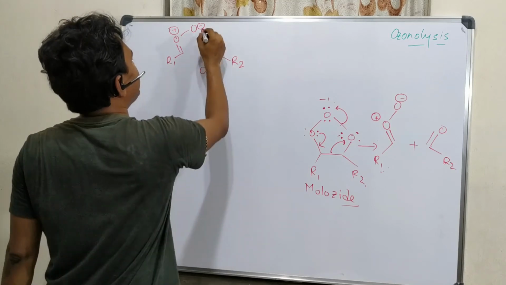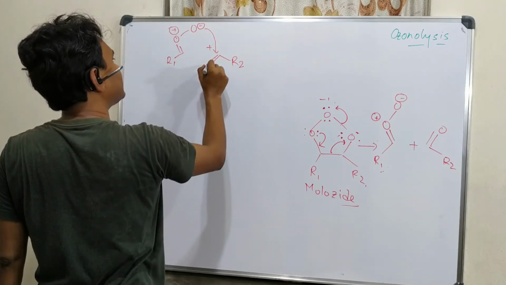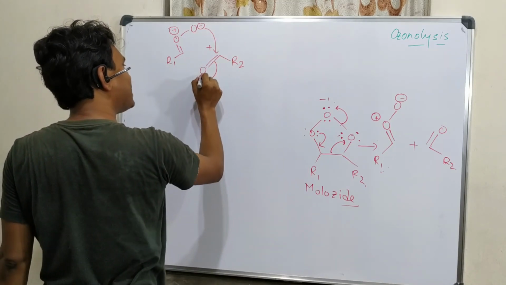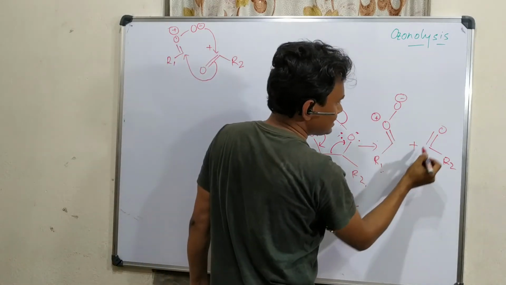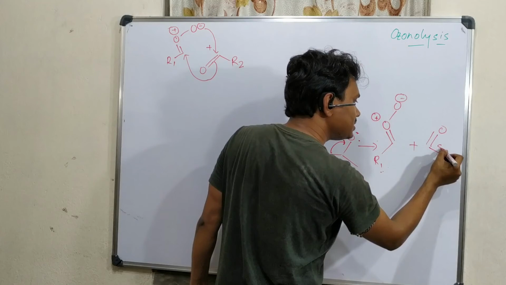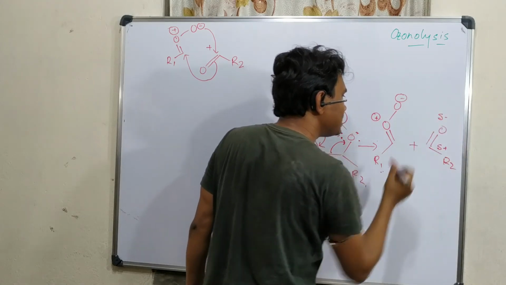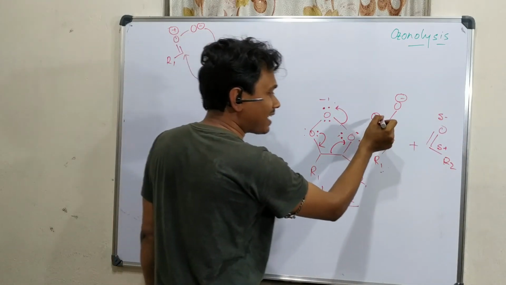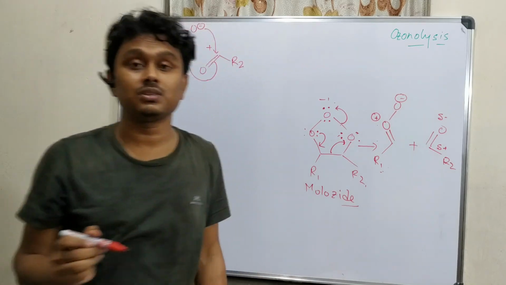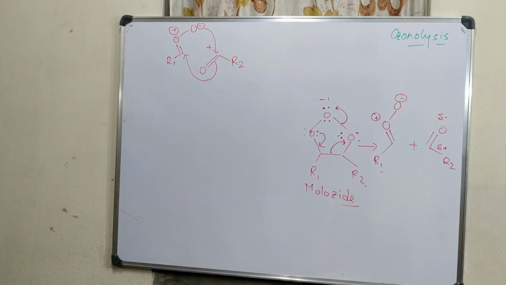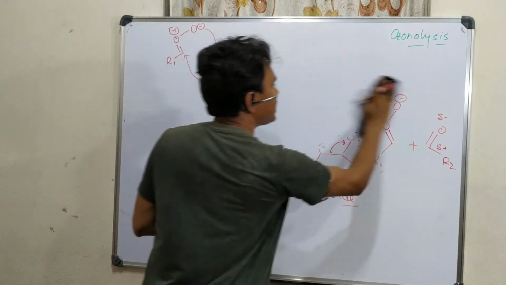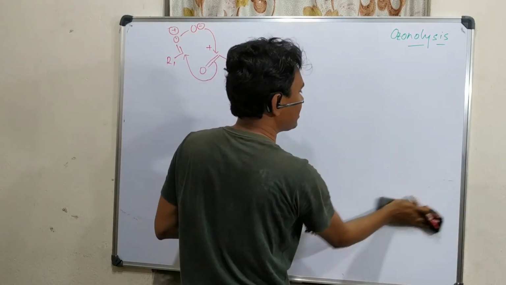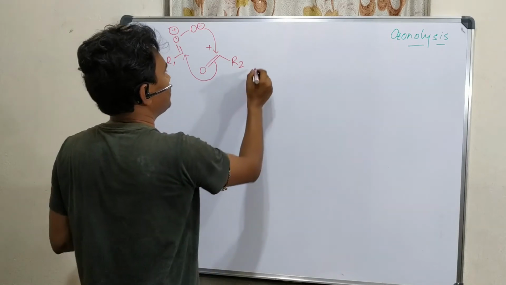R1, R2, and it attacks here and produces a negative charge, O minus, and that negative charge attacks here. Why? Because you can see this is a carbonyl, and we know in a carbonyl this is delta plus and this is delta minus. Similarly, it is true here. Another thing, this oxygen contains a unit of positive charge that makes the carbon center even more electron deficient. So it reacts to produce the trioxolane derivative.